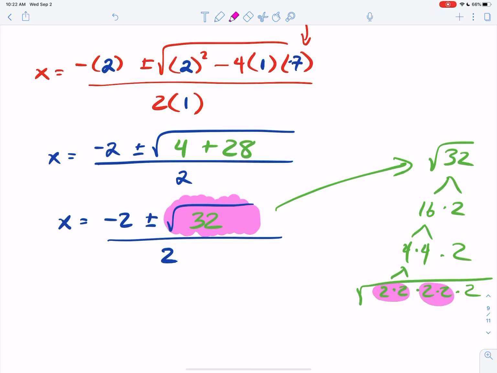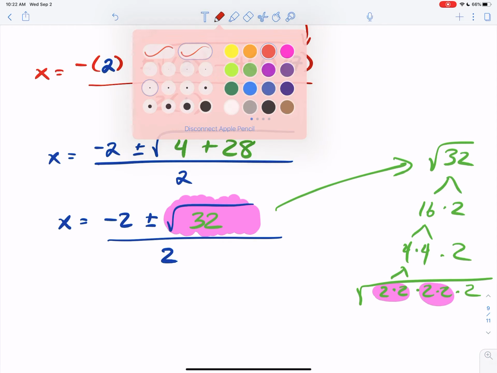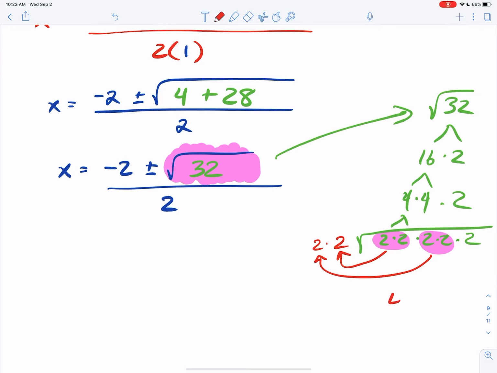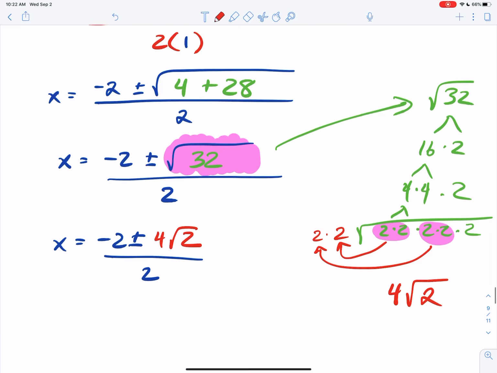If you find your shortcuts, you find your shortcuts. Doesn't matter, okay? I have a pair of 2's here, and I have another pair of 2's here. So I have in total 4 radical 2 left over. So x equals negative 2 plus or minus 4 radical 2. This looks a lot better.